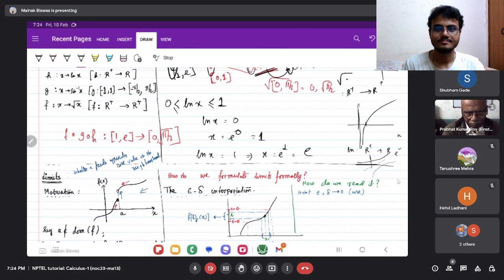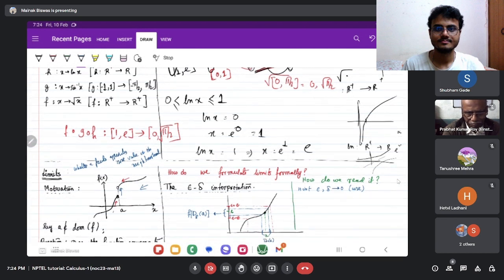So, for example, if you go towards A from the left, as x tends towards A, this function goes towards this value C. This is rough notation.